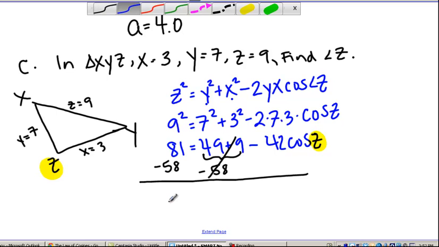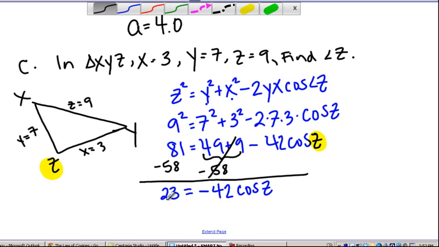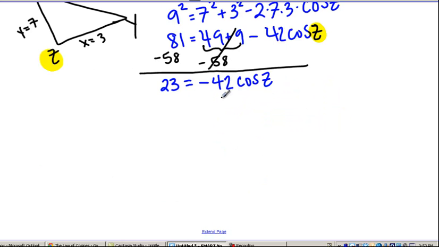So you get 23 is equal to negative 42 cosine of Z. Next step, negative 42 is being multiplied by cosine, so to get rid of it, we are going to divide by negative 42.